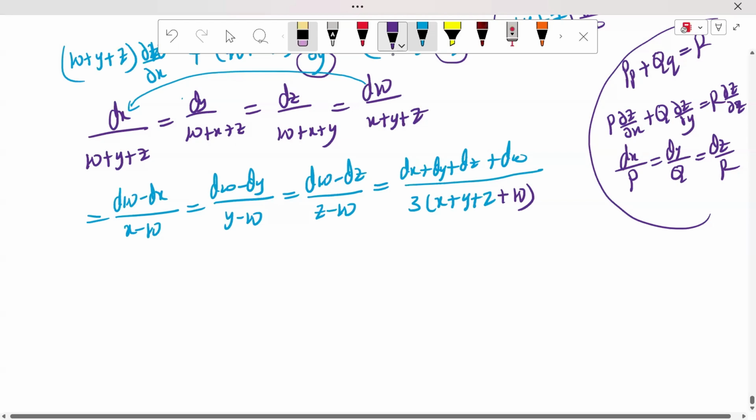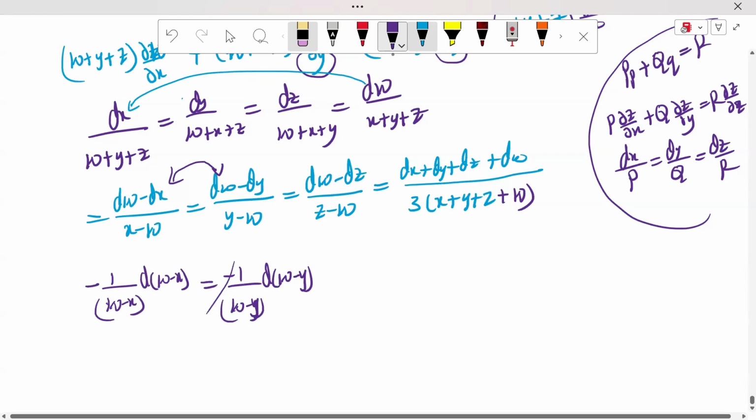We can take any two fractions, sir. For example, we can take these two fractions. They can be written as minus 1 upon w minus x, taking d common, where w minus x is equal to minus 1 upon w minus y, with d common in the denominator and numerator w minus y.